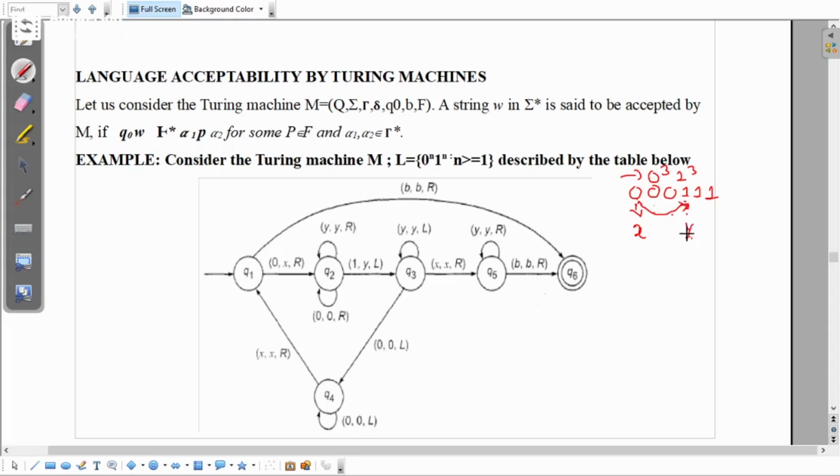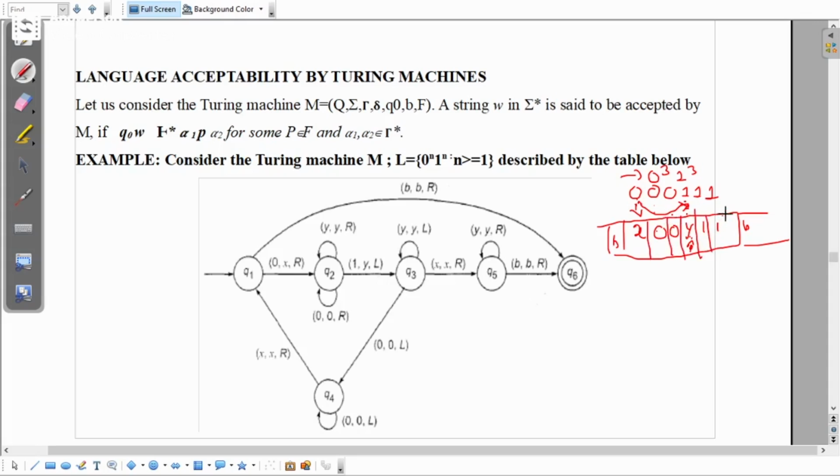The moment I get 1, I will replace it by y, and then the read write head, after replacing this, should come back and try to get the next 0. So here it was 0, y, 1, 1. This is how it is on the tape. The rest are all blank.